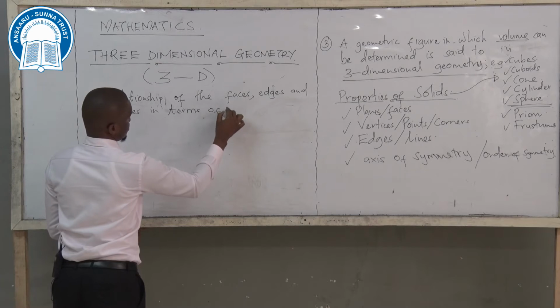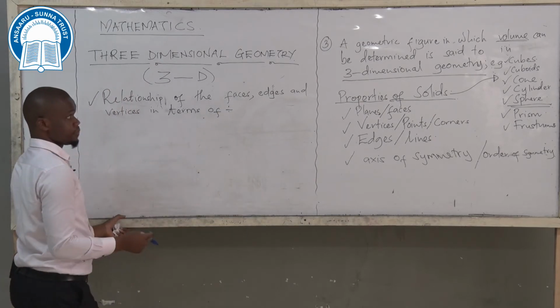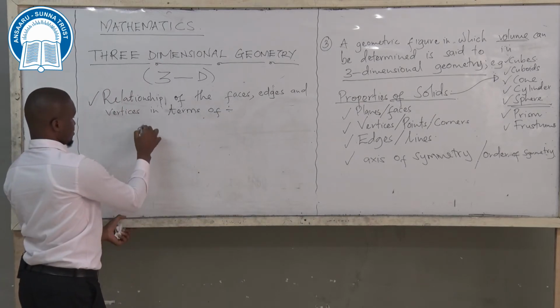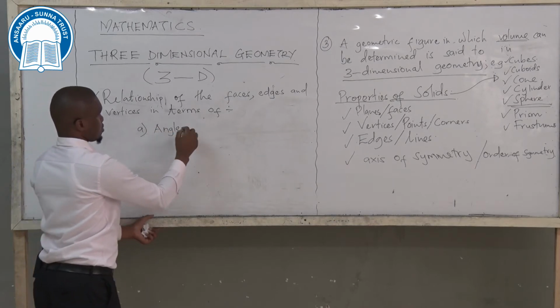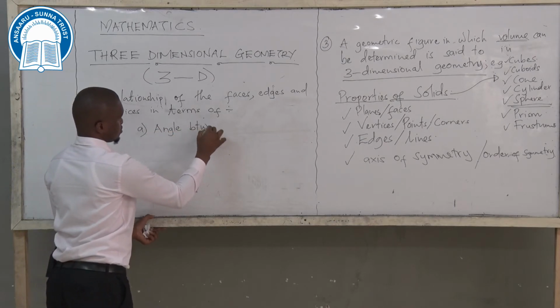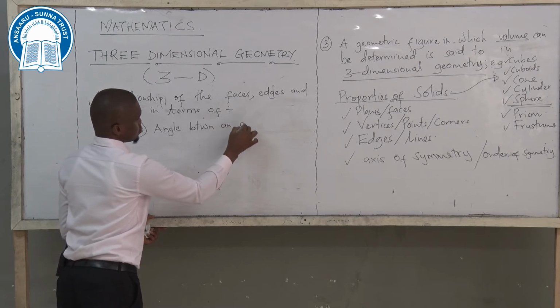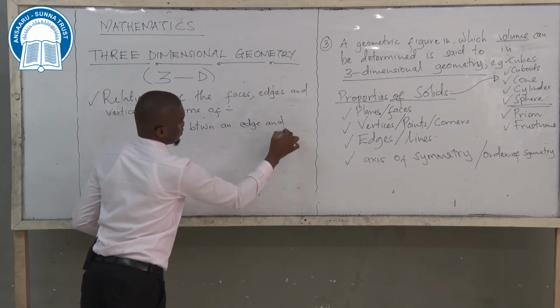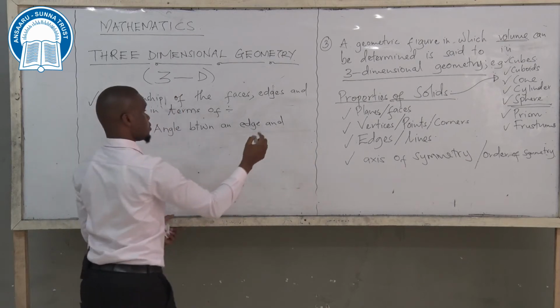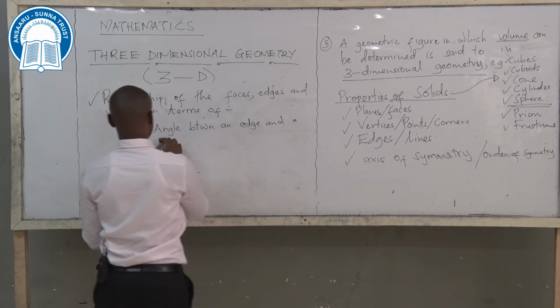three things here. And the first one is angle between an edge and a plane.